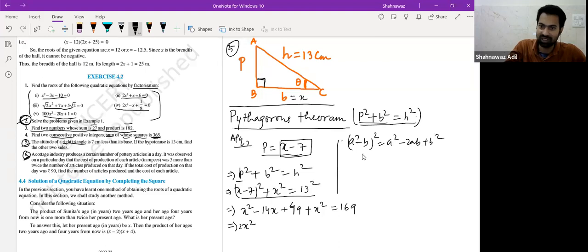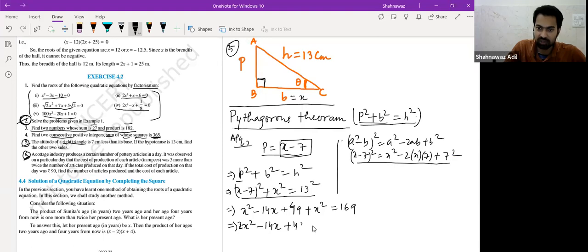So x square minus 2 times x times 7. I directly wrote it because you guys are brilliant. So 2x square minus 14x plus 49 minus 169, right?